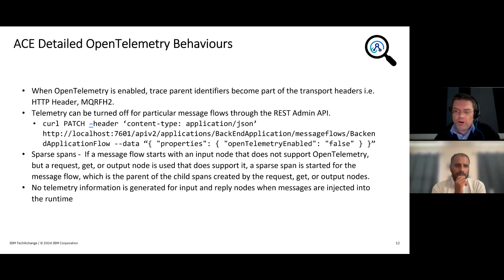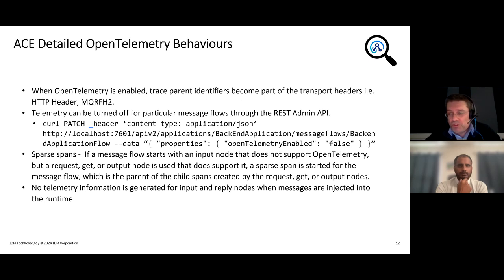Obviously, when people think about their architecture, they often think about message flows first. So it's quite nice to be able to link all the activities in that flow underneath one span ID. So we create that span ID regardless of whether you're using an OTel supported transport or not. And that's really what sparse spans are all about.